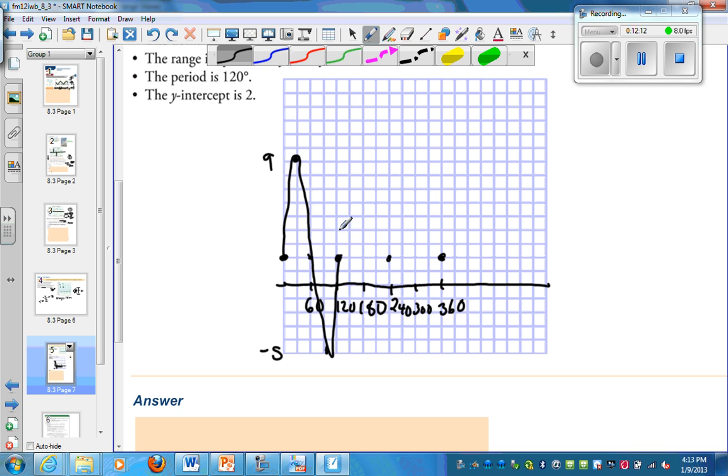I'm just going to follow the same pattern now. I go to my maximum, I do my amplitude, back to my midline, back down, back to where I started. So I repeat it, okay, and then back up, middle, repeat it.